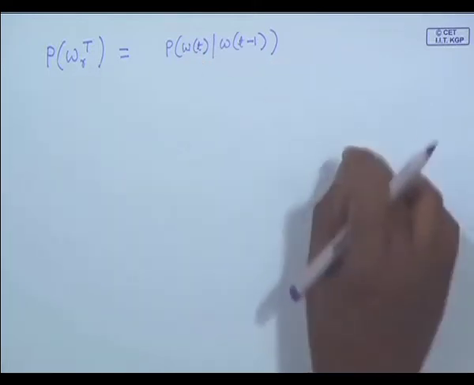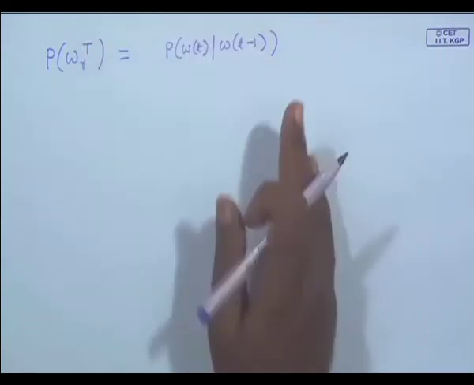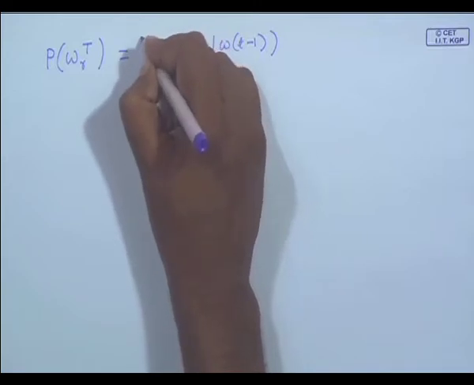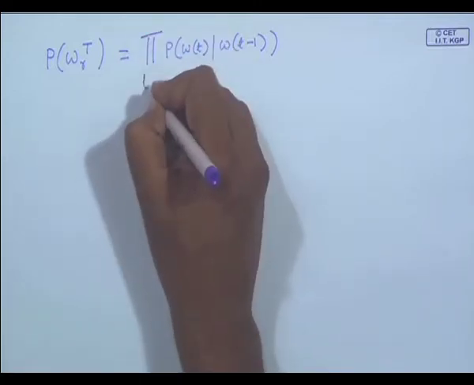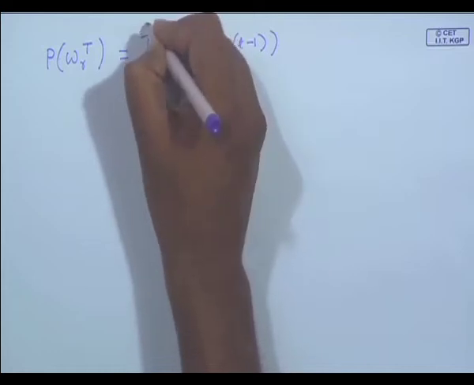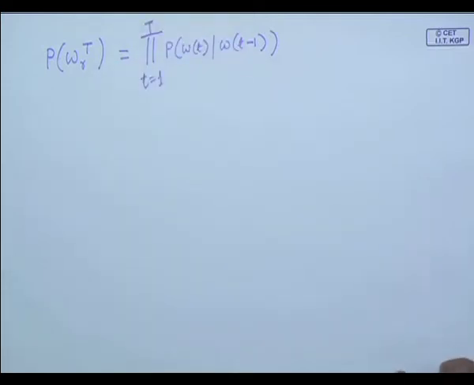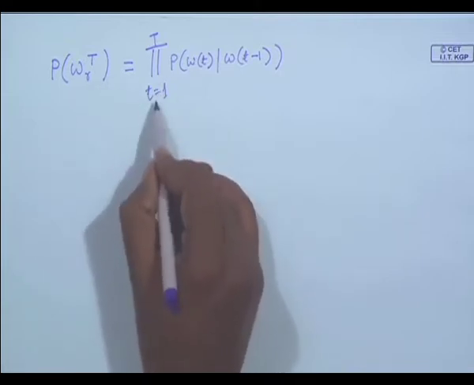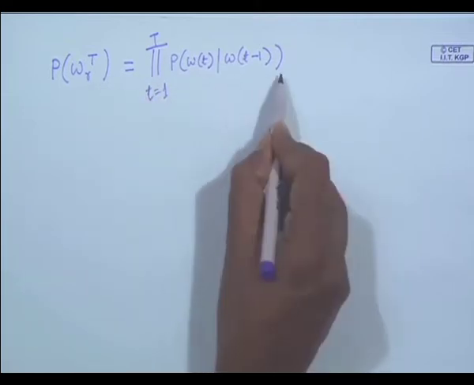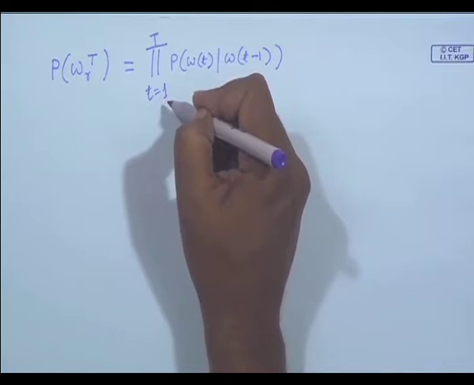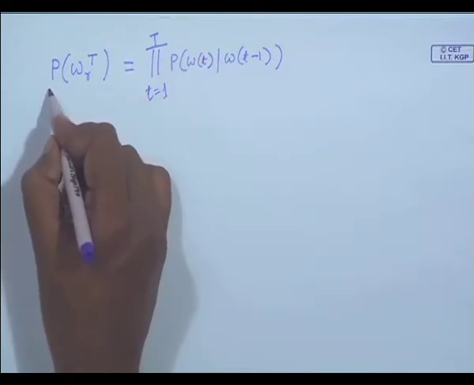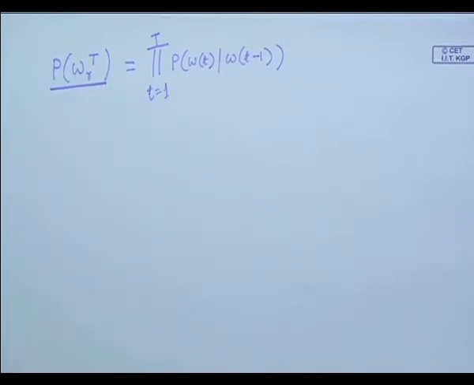And for a particular sequence, I have to multiply these transition probabilities over t equal to 1 to capital T. If I take the product of these transition probabilities, that gives me the probability of a particular sequence of hidden states.